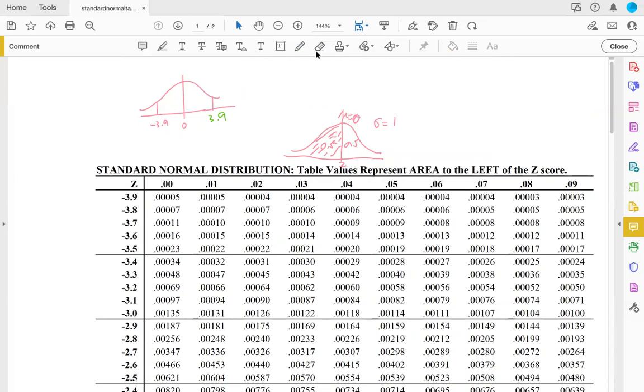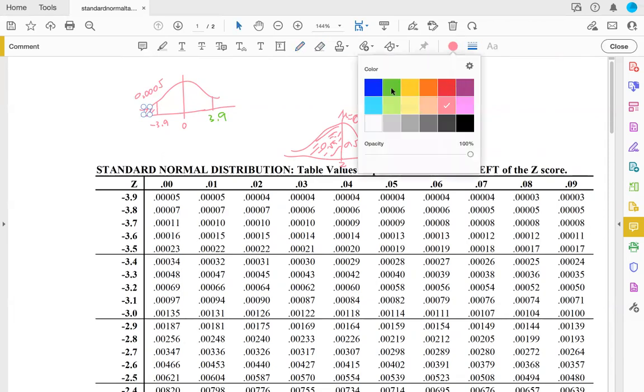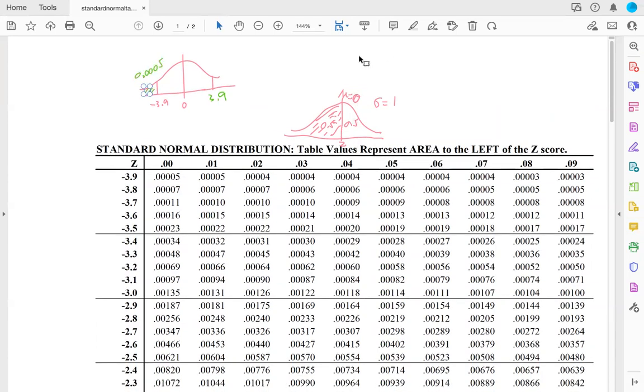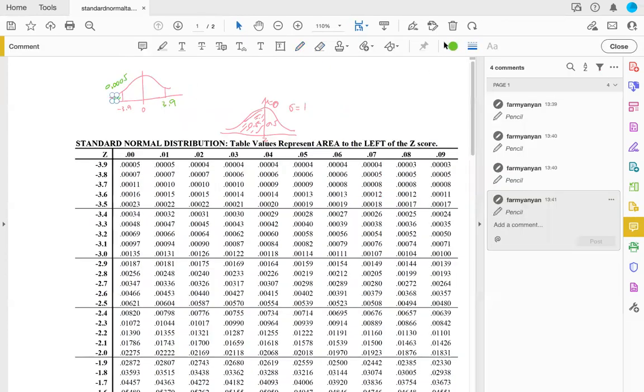So if you look at negative 3.9 here, the shaded area here is 0.0005. For the shaded area of 3.9.